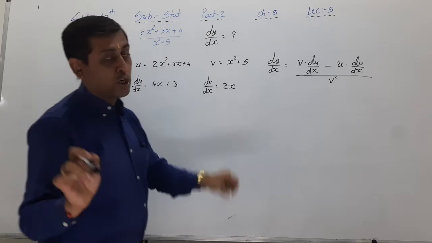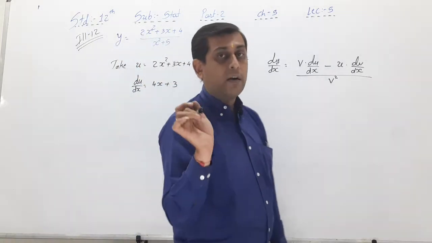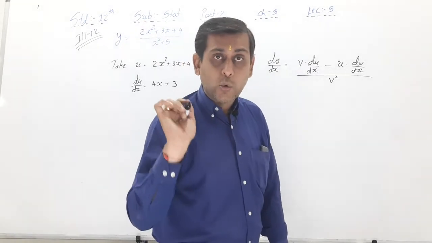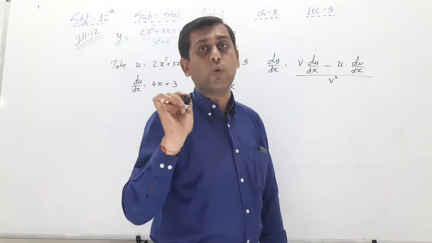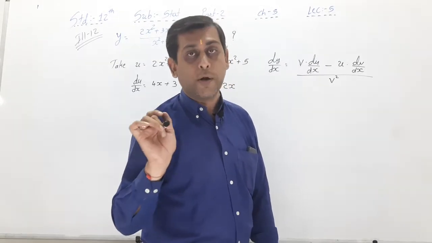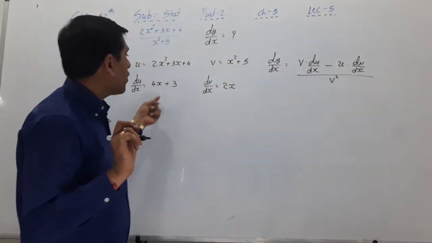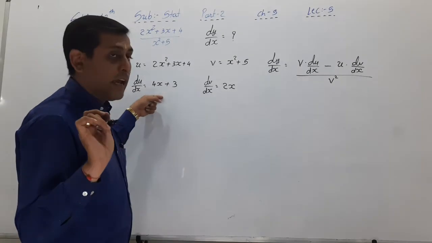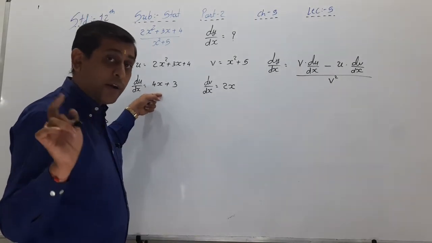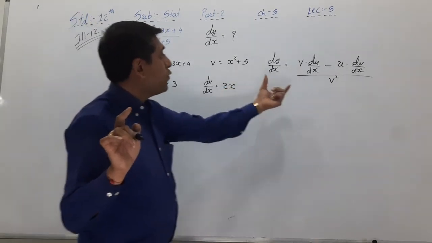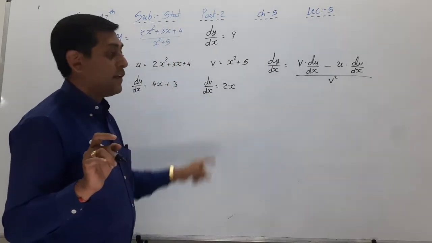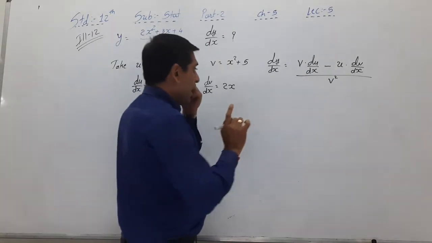This is the shortcut of taking a differentiation by the rule. What is the rule? The derivative of x raised to n is n into x raised to n minus 1. I am using that formula and directly writing the answer, because we want du by dx and dv by dx. That's why I am writing that.